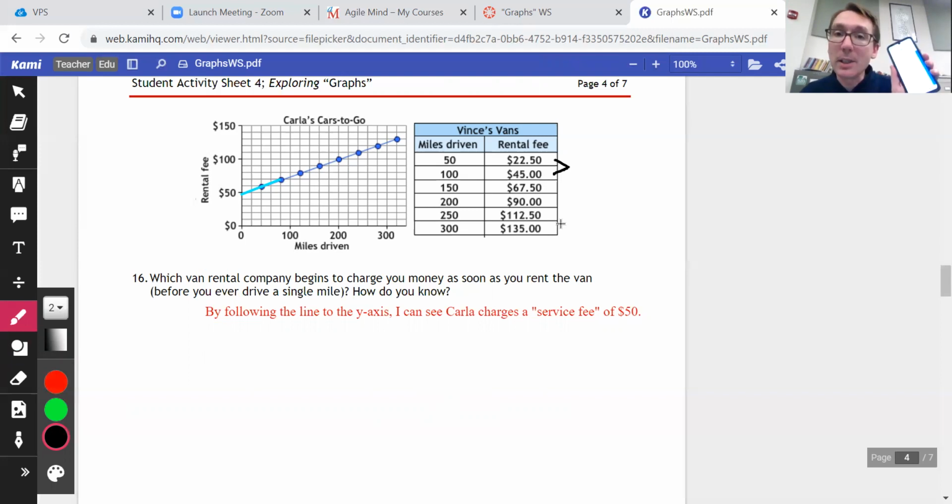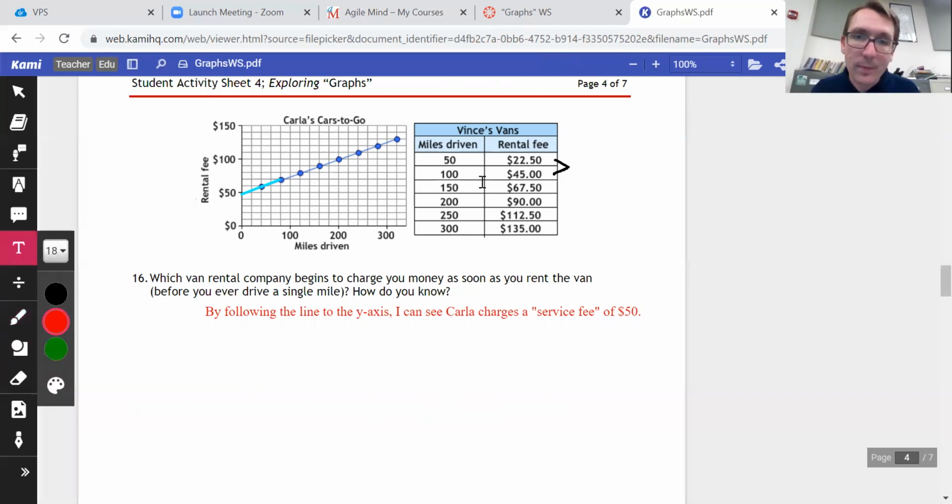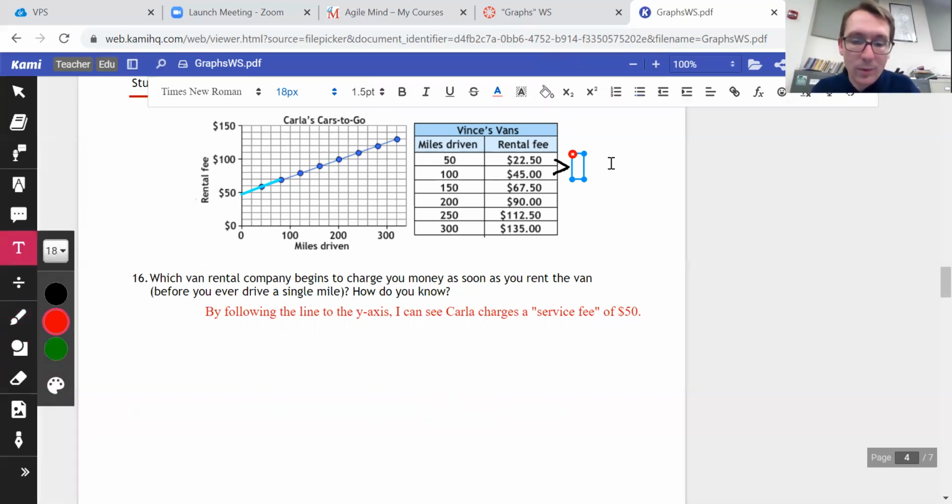It says 22.50. So I know that this is going up by 22.50. Now, if I go from 45 to 67.50, guess what I get?